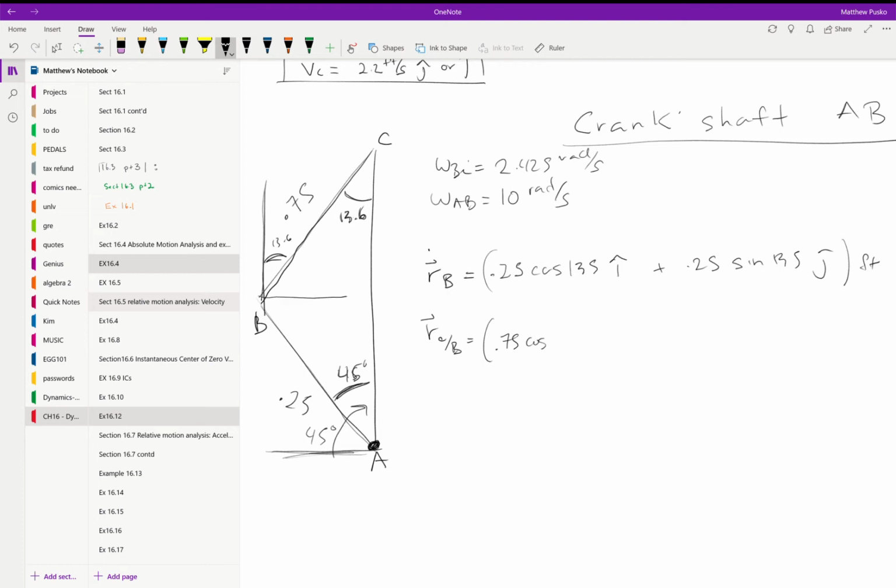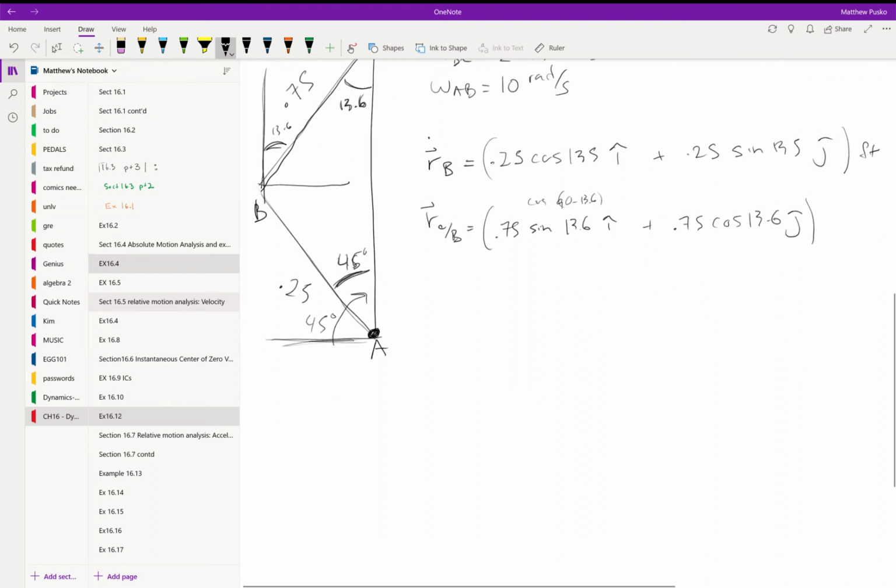That means we can flip the components around and say 0.75 sine of 13.6. That'll be our I component. We could have used cosine of 90 minus 13.6 also for the I component. And we have 0.75 times the cosine of 13.6 for our J component.